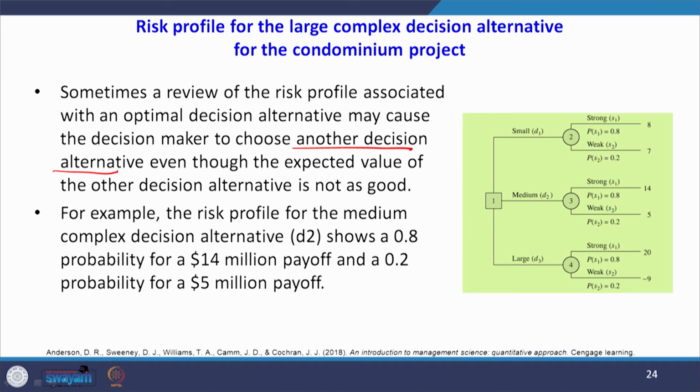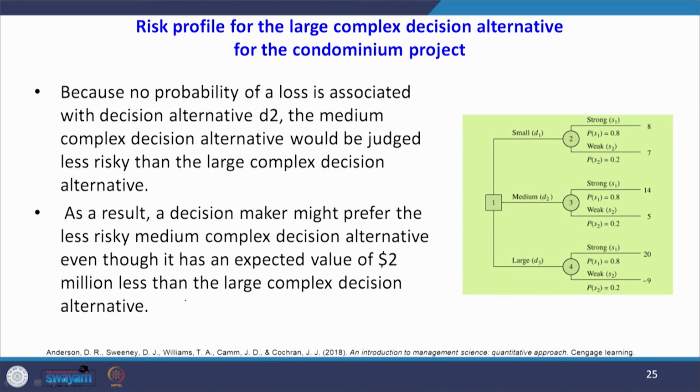For example, the risk profile for the medium complex decision alternative D2 shows a 0.8 probability for a $14 million payoff and a probability of 0.2 for a $5 million payoff. So, that is our second best decision.